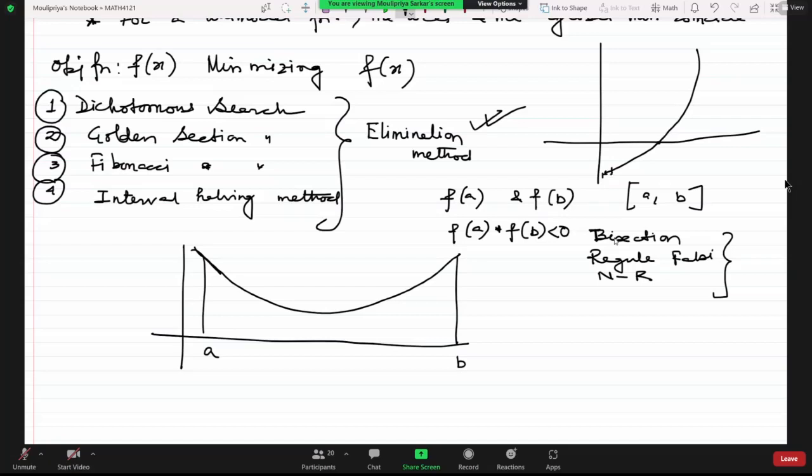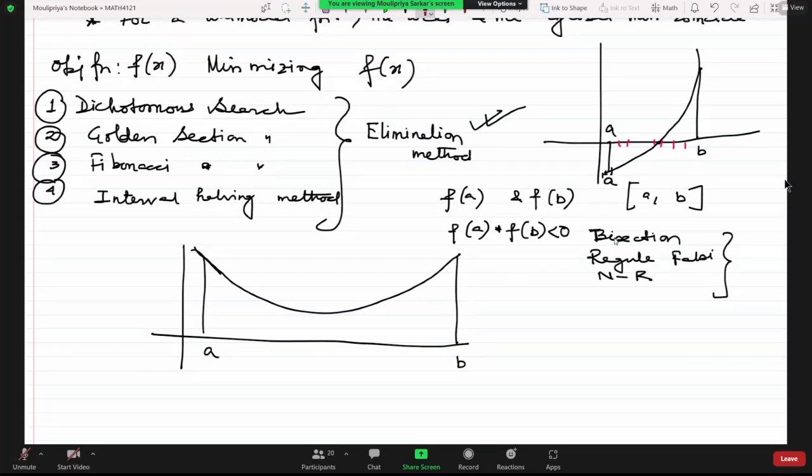Suppose this is A and this is B. Then gradually we were decreasing the interval of search so that at some point we are so near to the actual root that we say we have reached the desired accuracy, and this is the approximate root to the given equation.